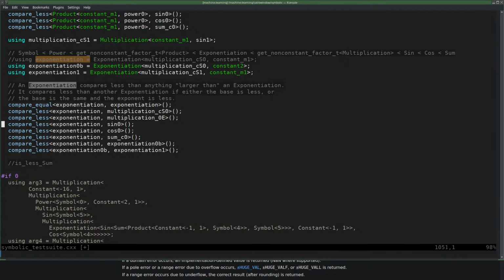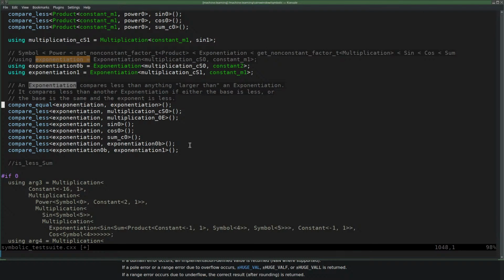So it would also compare less than a product of a constant with any of these factors. But then it's not a product anymore. It could, however, be less than a multiplication of a constant with any of these things.